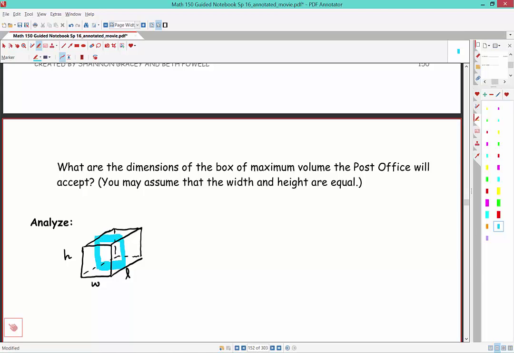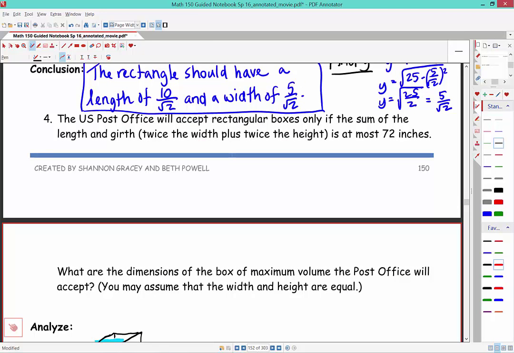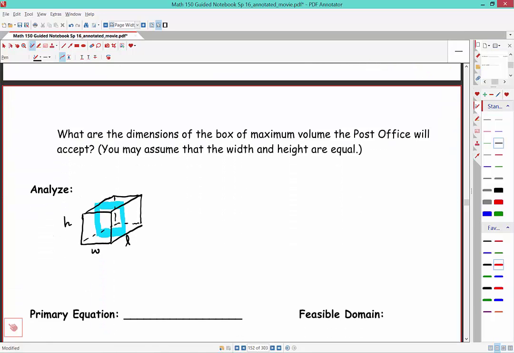Right? So we've been told that the height and the width are the same. So we can make it all in terms of h. Okay, so far?